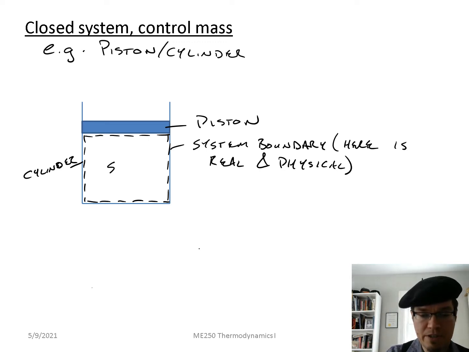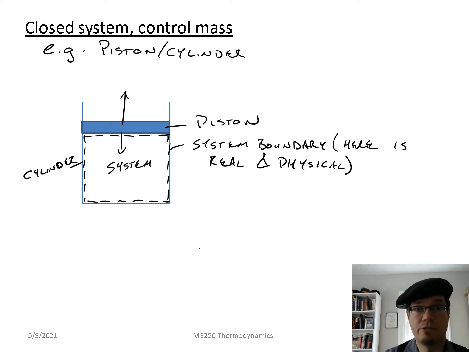So the system is what's inside, and the surroundings would include the piston and the cylinder material and the air or the environment outside. But this system has a few things that can happen with it. The piston can move up and down as long as it's not pinned or restrained in some way.